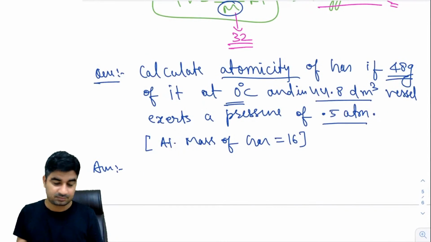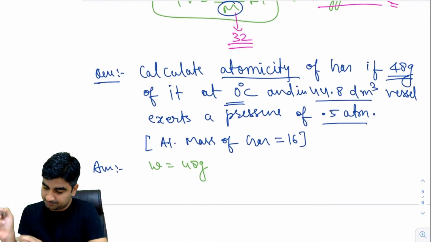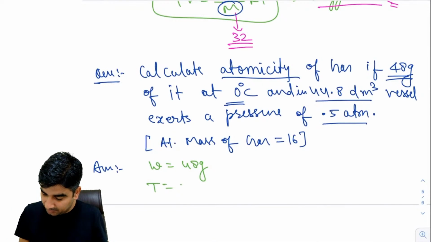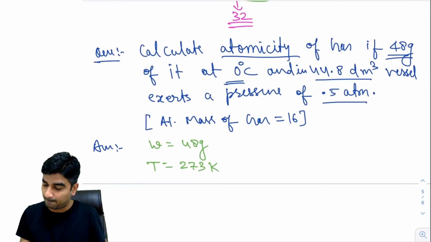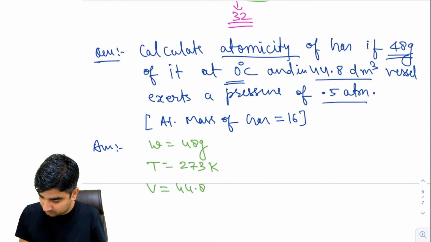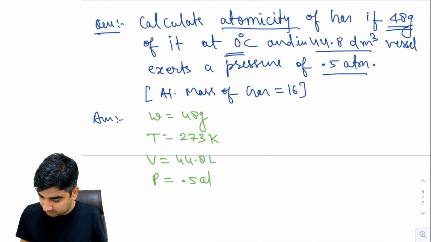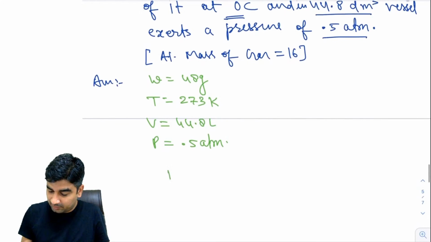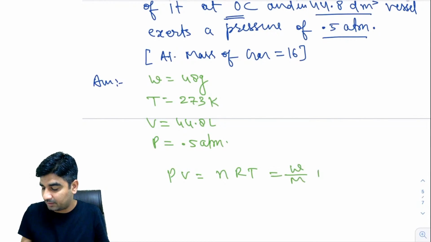So now weight is 48 gram. Temperature is 273 Kelvin. Volume is 44.8 and pressure is 0.5. So now I will use PV is equal to nRT, W by mRT.